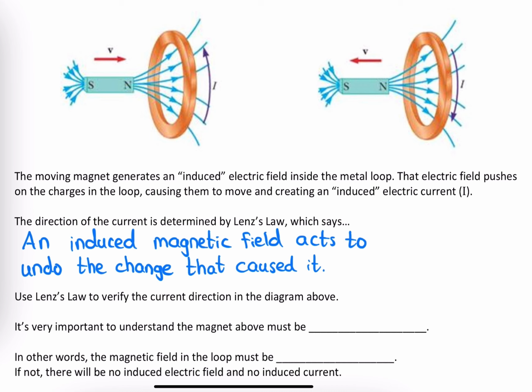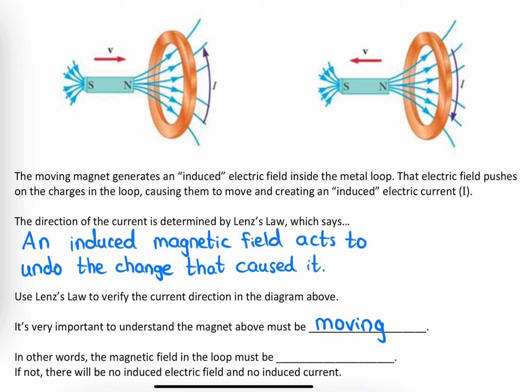Now, one thing I want to continue to emphasize here is that it's very important to understand that the magnet in this situation above must be moving. The loop doesn't simply say, I see right arrows, therefore I'm going to fight them with left arrows. The loop says, I see an increase in the number of right arrows, and I'm going to fight that increase, fight that change with left arrows.